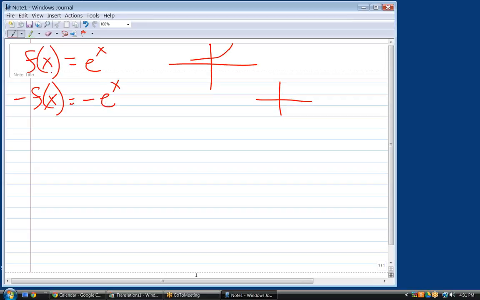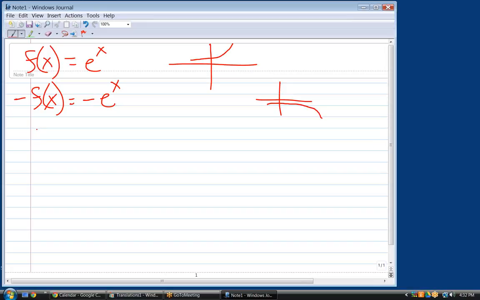In other words, we just need to put a negative sign in front of it. And what's the negative indicate here? A reflection about which axis? The x. So that curve would look like that.